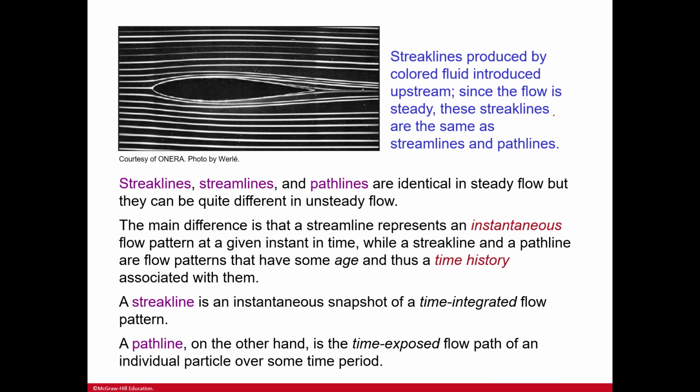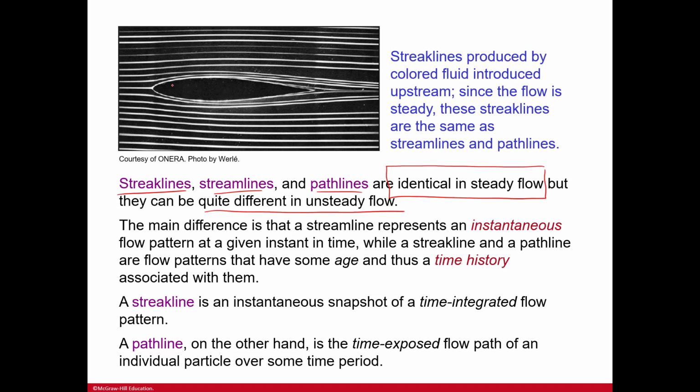Streak lines produced by colored fluid introduced upstream, since the flow is steady, are the same as streamlines and pathlines. So they can be the same in steady flow, right? Streak lines, streamlines, and pathlines are identical in steady flow. They can be quite different in unsteady flow. That's very important to know, that relationship, right?